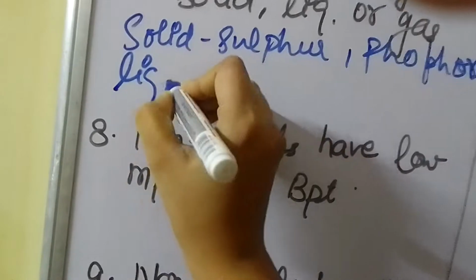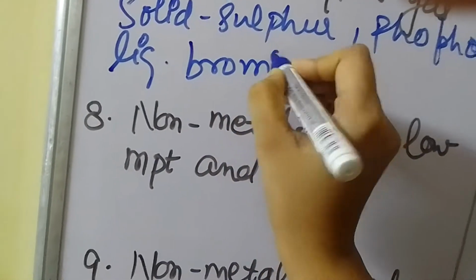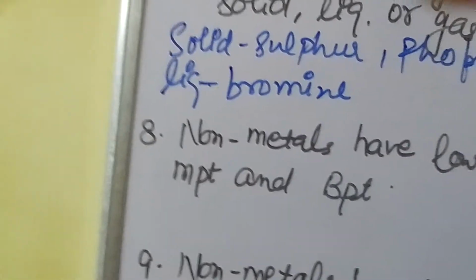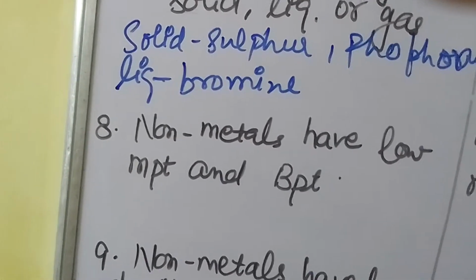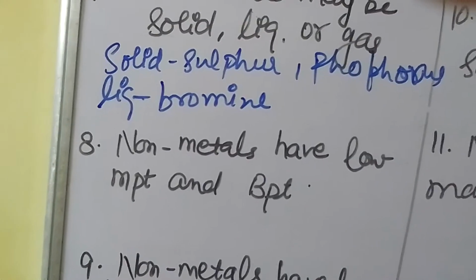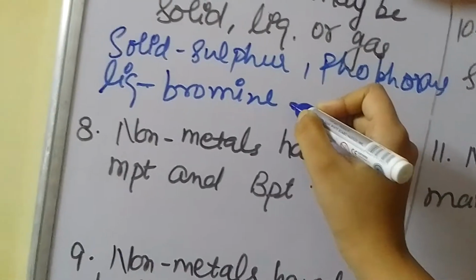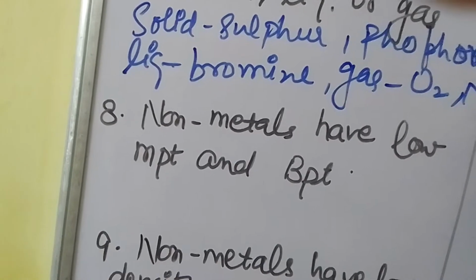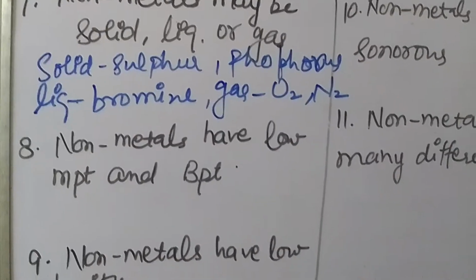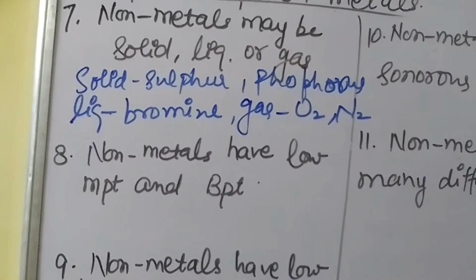So mostly non-metals are solid or gas, but there is an exception, which is bromine. Bromine is liquid in nature at room temperature.